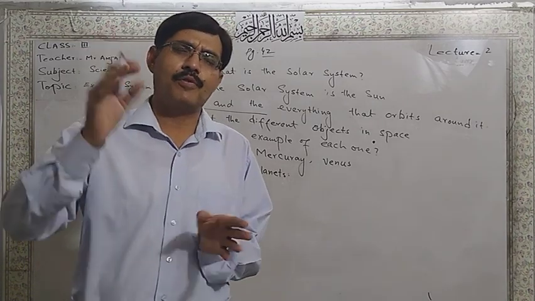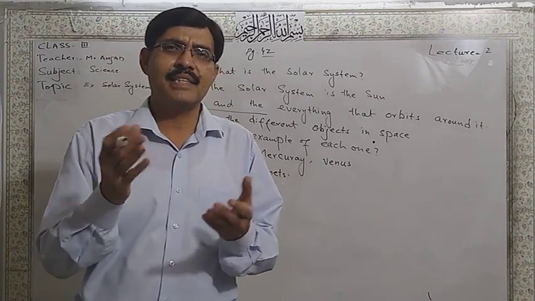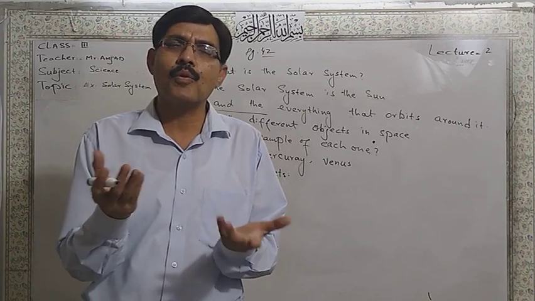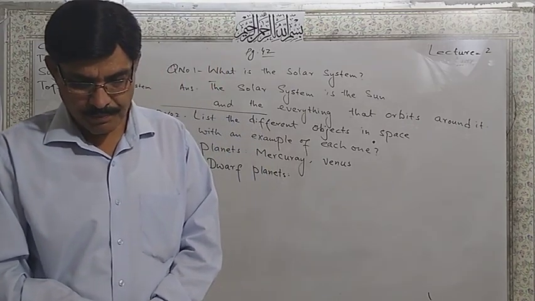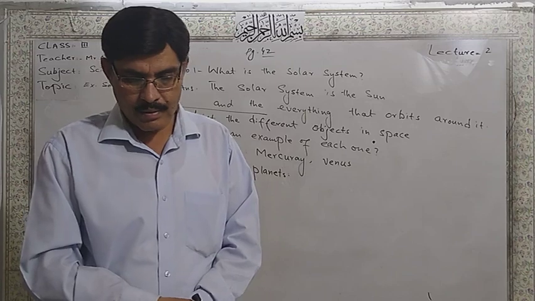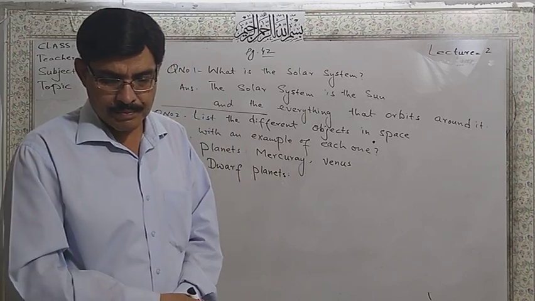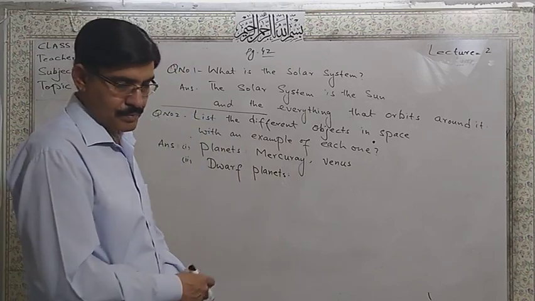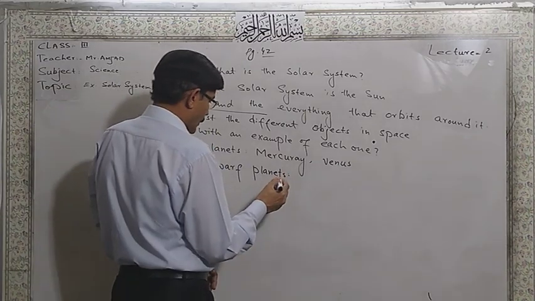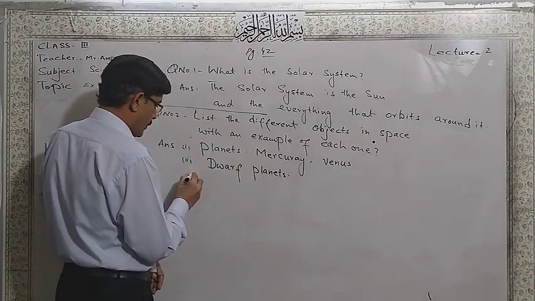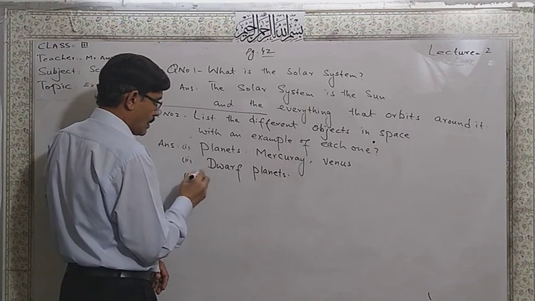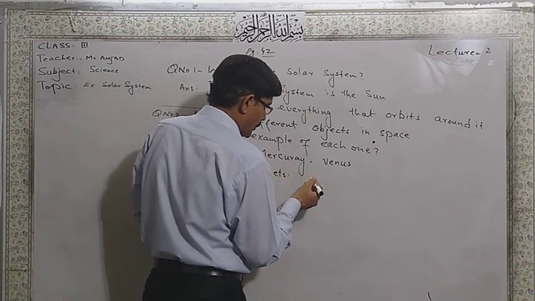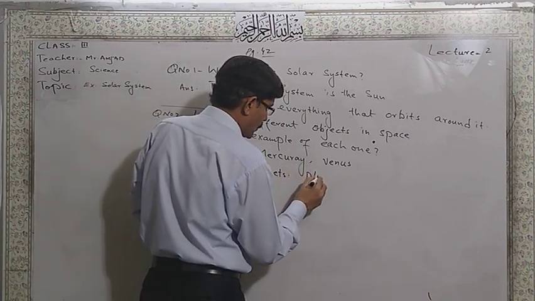They are far away from the sun, and they are generally called small planets. Dwarf planets, like Pluto.